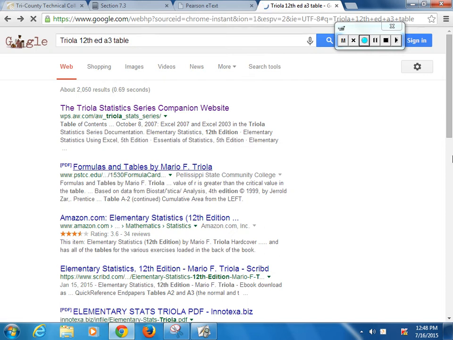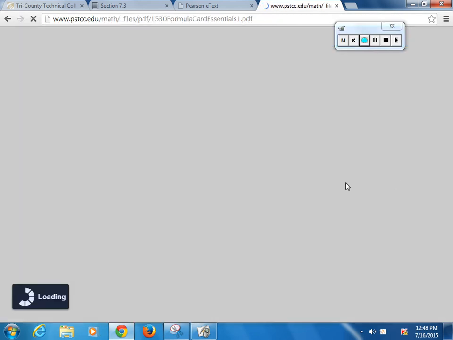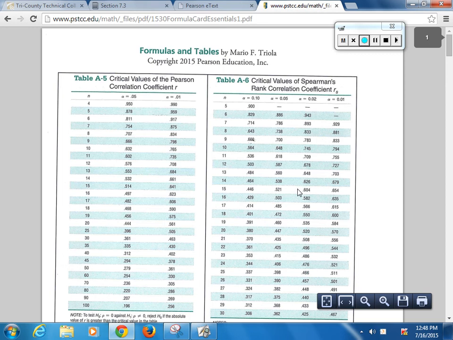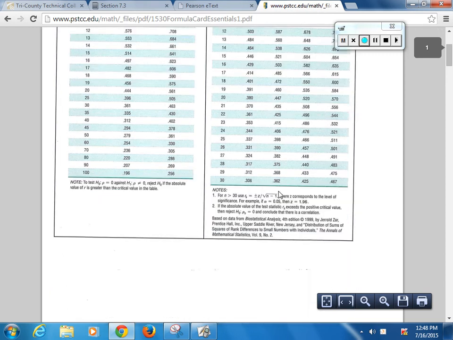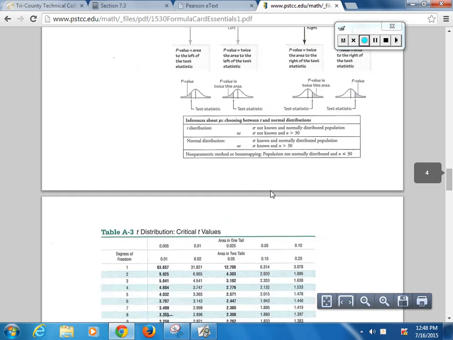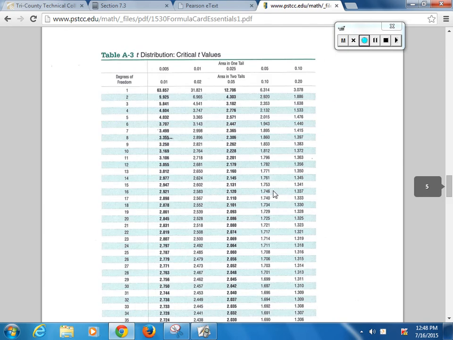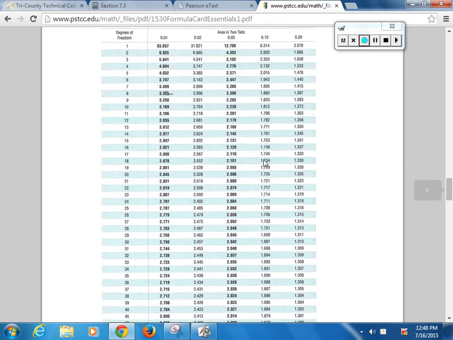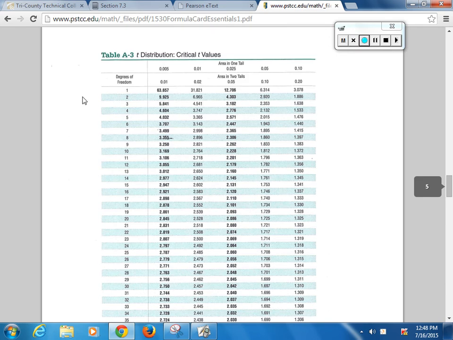This one. There we go. And it's supposed to have an A3 table somewhere. A3, look at there. All right. And degrees of freedom would be 12 minus 1 is what? 11. So here's the section.